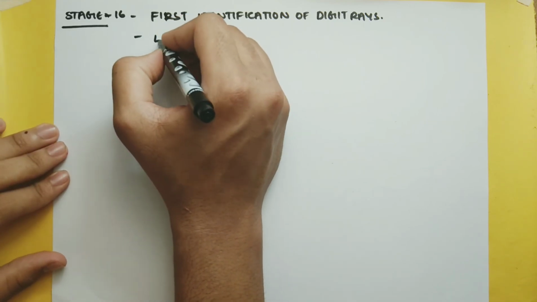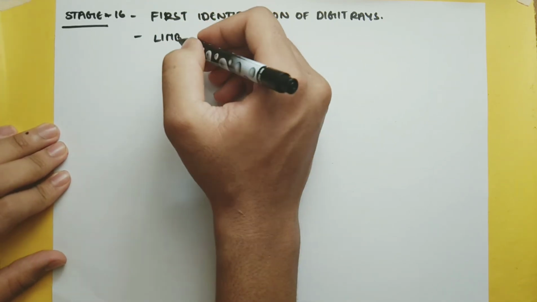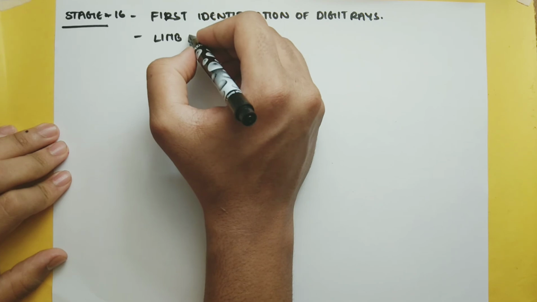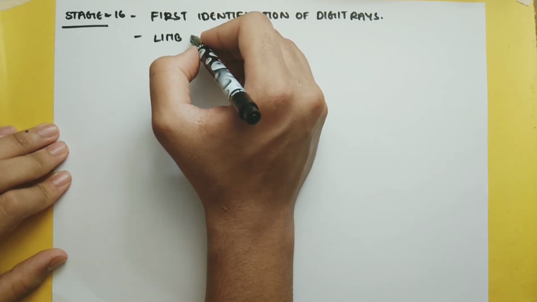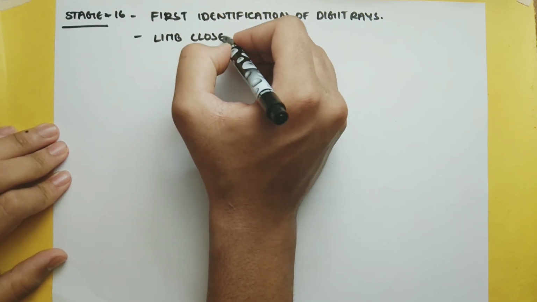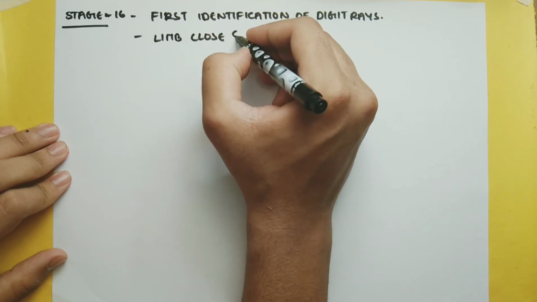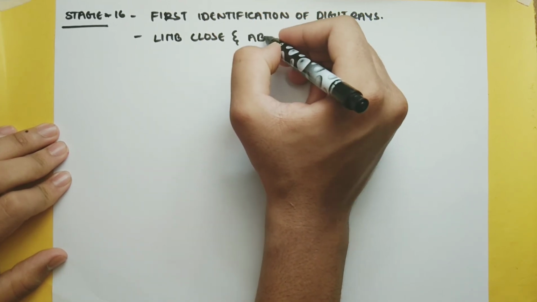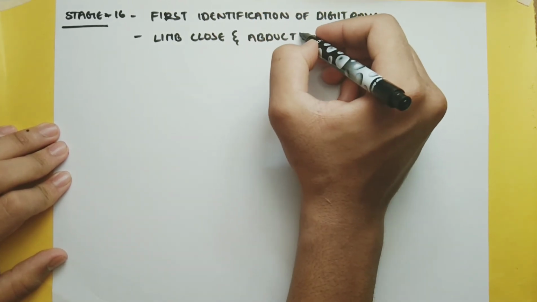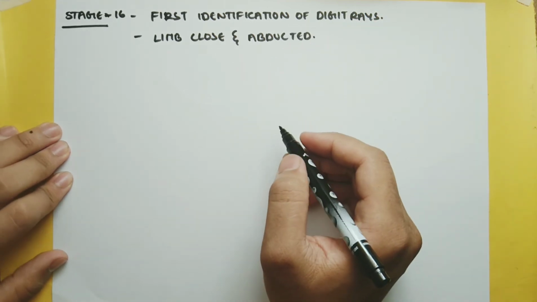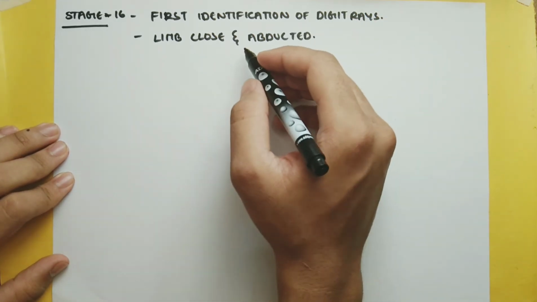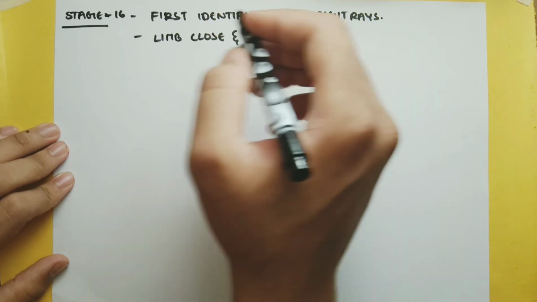The upper limb is closed and abducted. The limb first abducted in the stage 16.